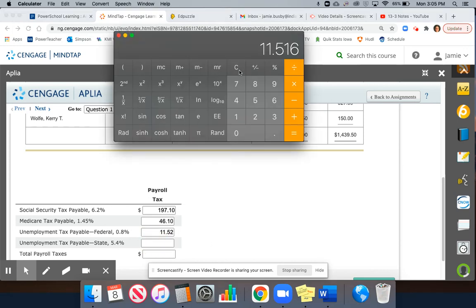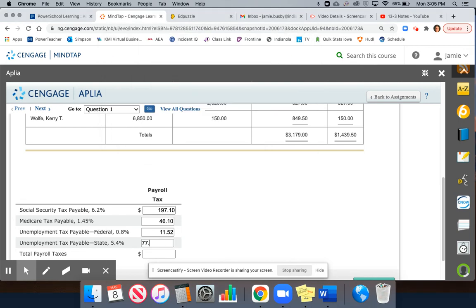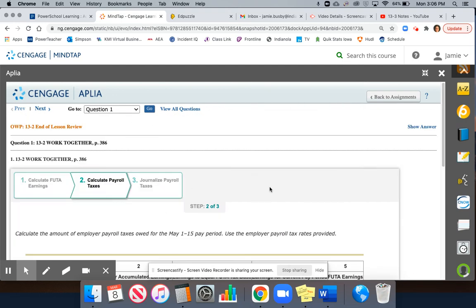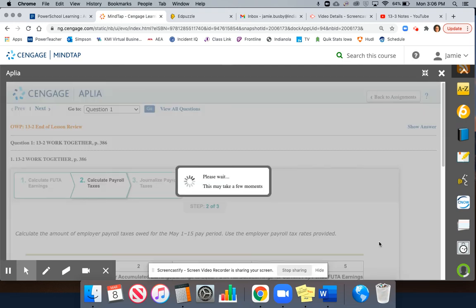We use that same number times 0.054 to calculate our state unemployment tax, and we get $77.73. When you total those up, our total payroll tax expense would be $332.45.